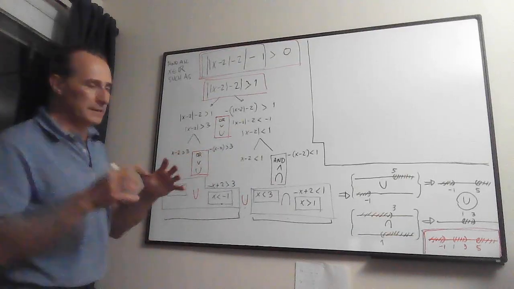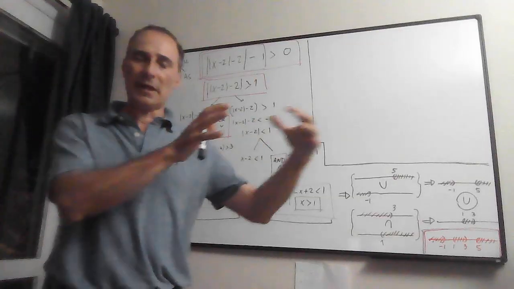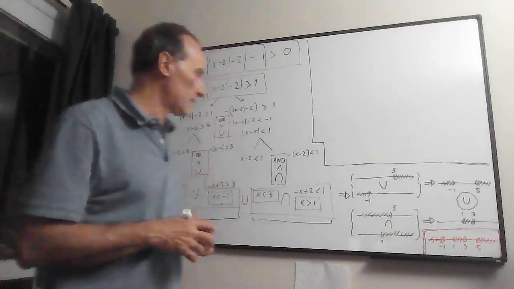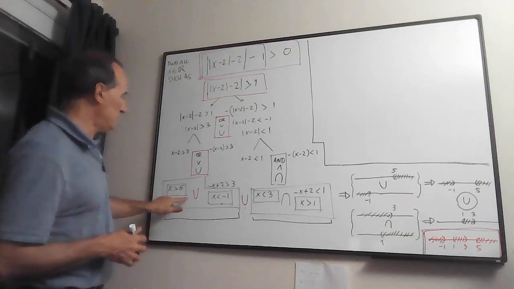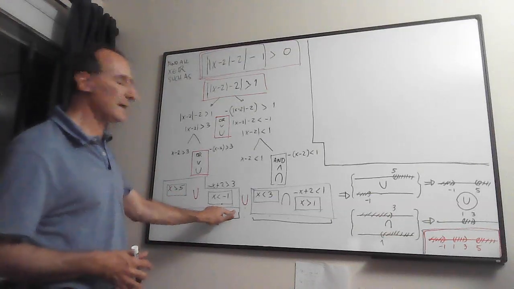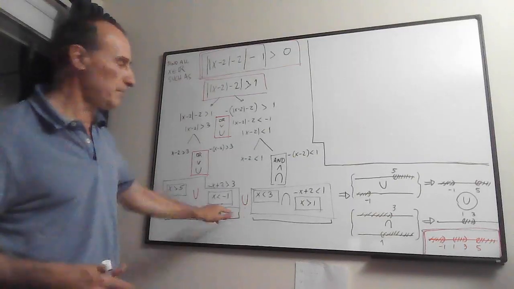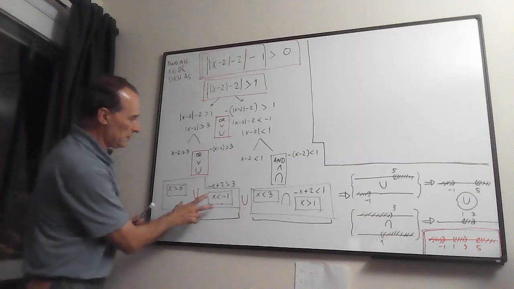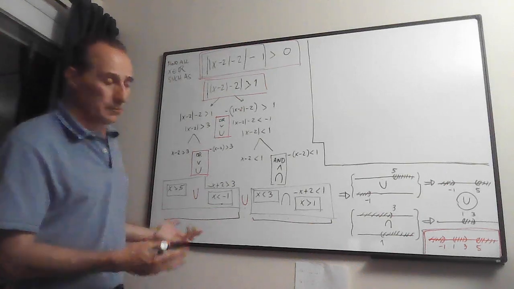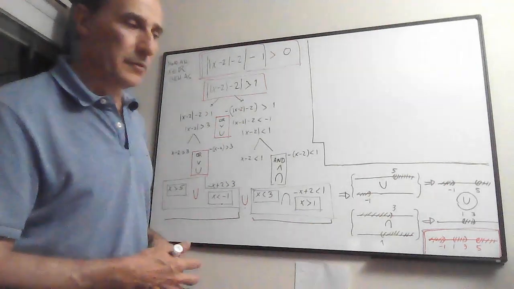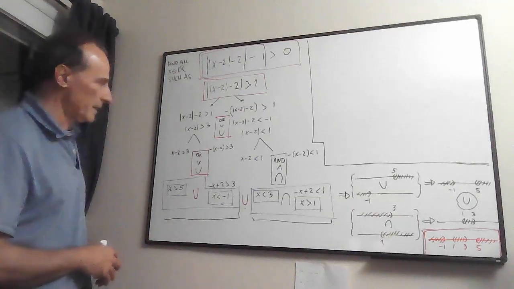Again, this is the absolute value of something greater than a given number, so this is the union of two separate intervals. The first one is x greater than 5, the second one is x less than negative 1. So you have a union of two inequalities, and you know the solution of those two inequalities.